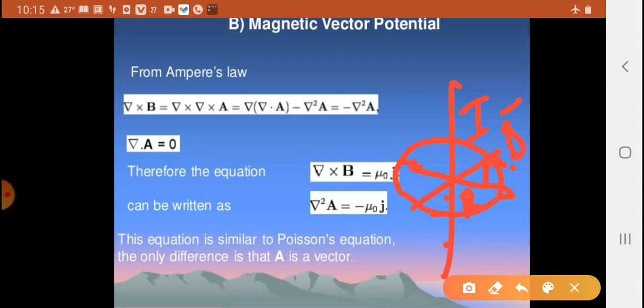The current carrying conductor I passes through, and B is the magnetic flux density.